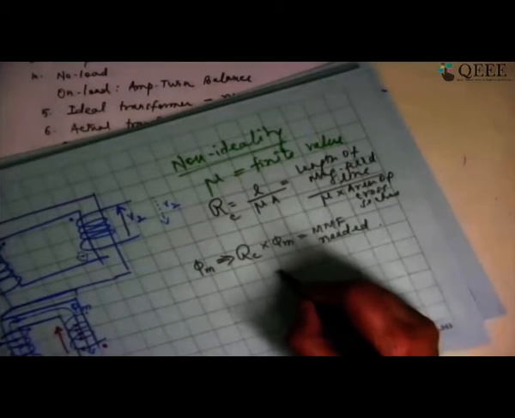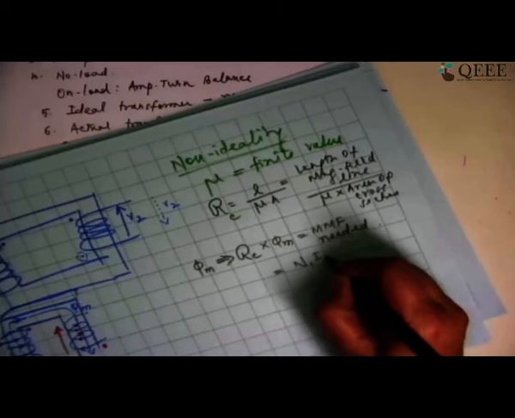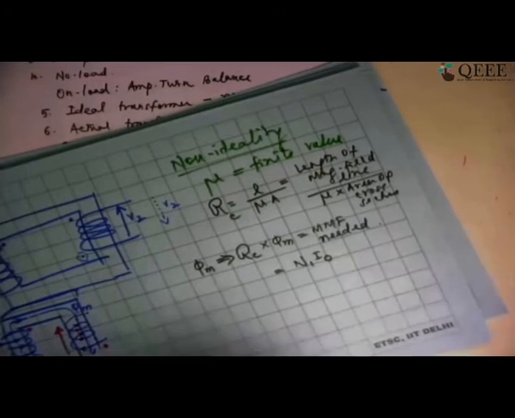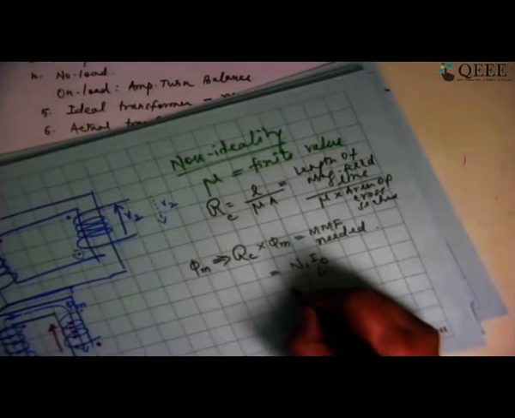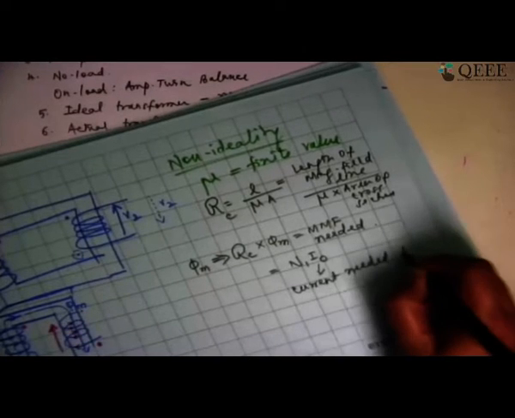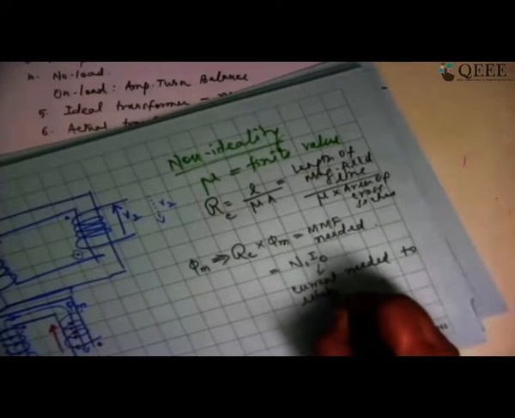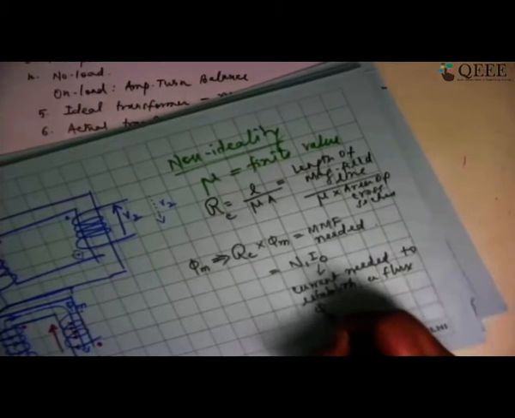So this is equal to N1 multiplied by the current drawn from the primary side. This is essentially the current needed to establish a flux phi m in the core.